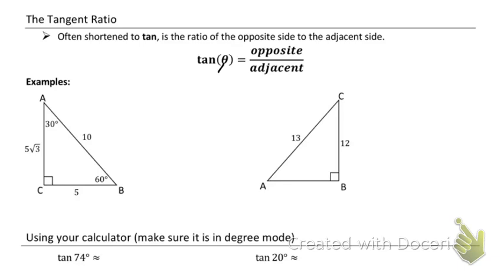That just stands for an angle. So that could be 30 degrees, 20 degrees, 21 degrees, 40 degrees, 45 degrees. This could be a 45, 45, 90 triangle, and I can still use trig on it. So this is saying tangent of an angle is going to equal the opposite side over the adjacent side.